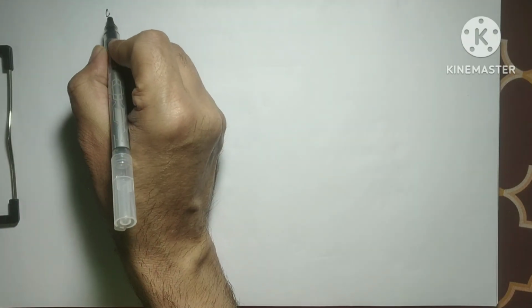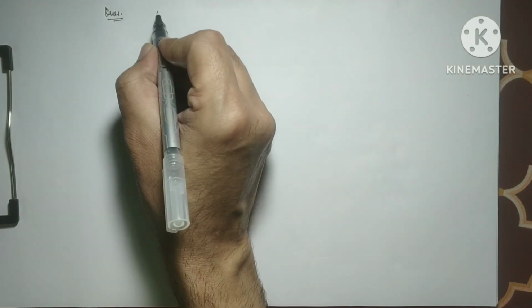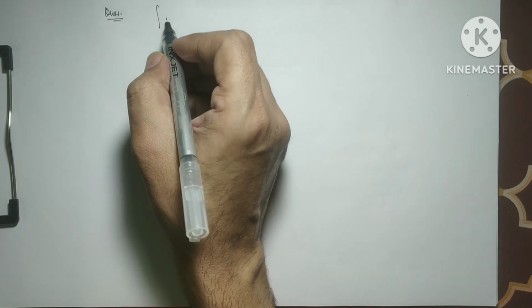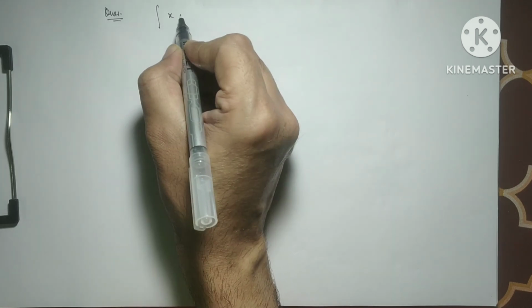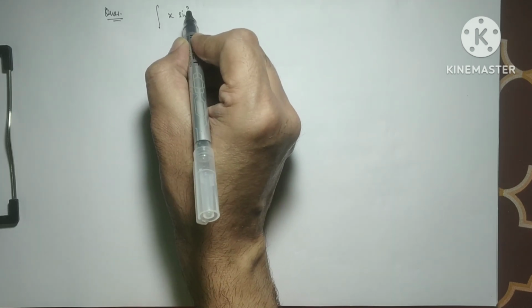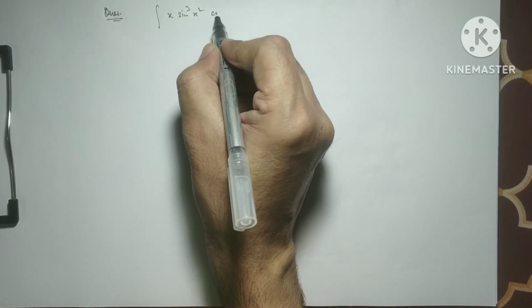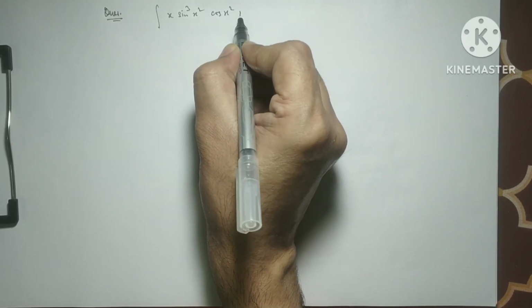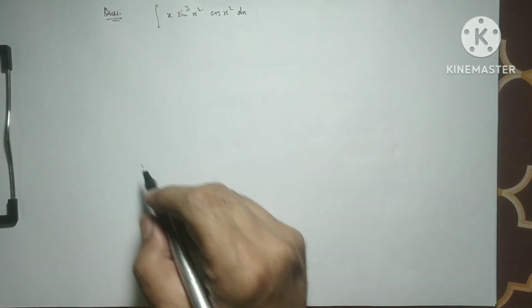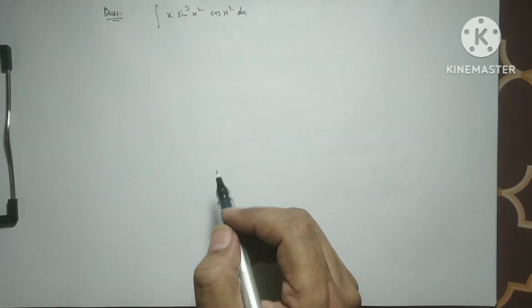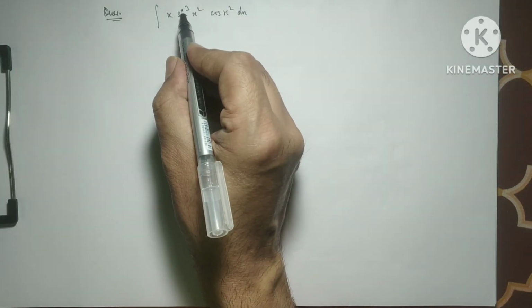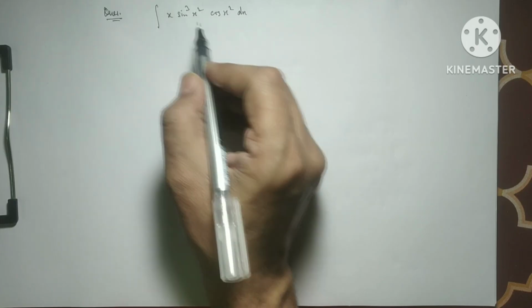Now next question, that is integrate x into sin cube x square cos x square dx. Right now we assume sin x square as t.